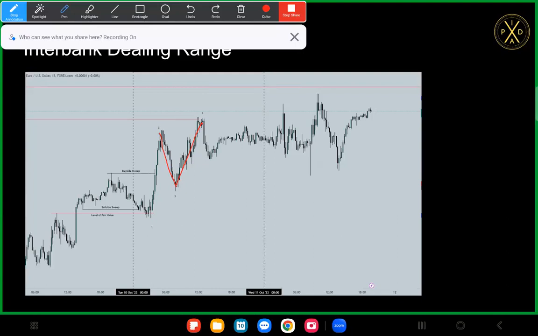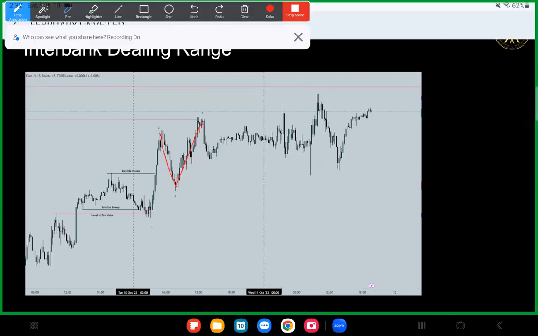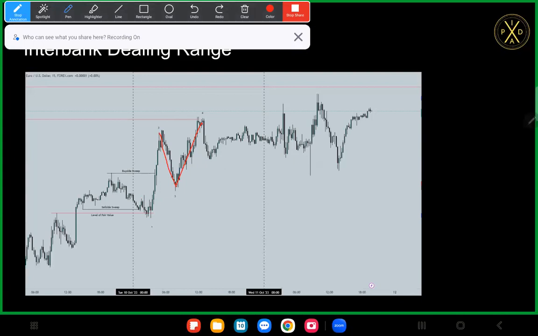But one more thing that I want to say is that an intrabank dealing range is a high probability pricing sequence, right? And the reason for that is because there's a high probability that price shouldn't want to take this level out.